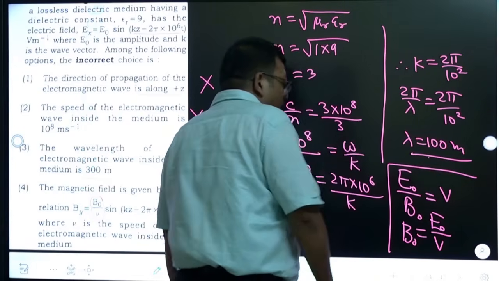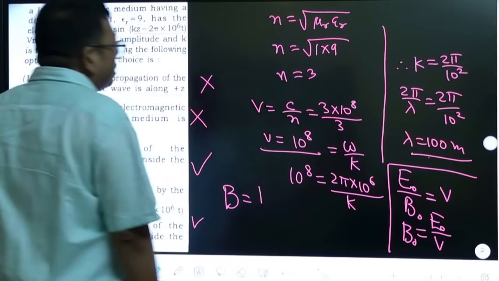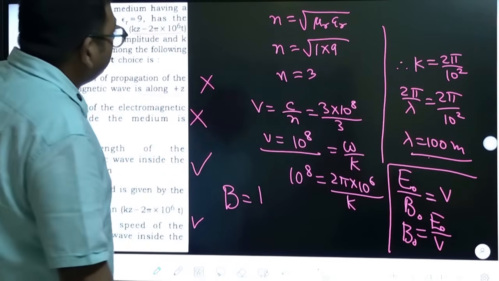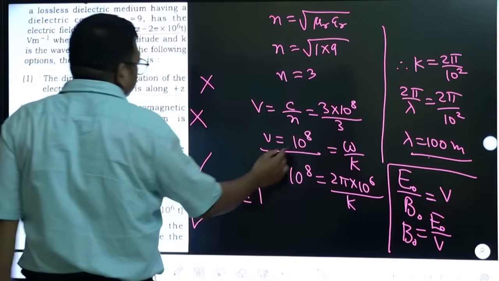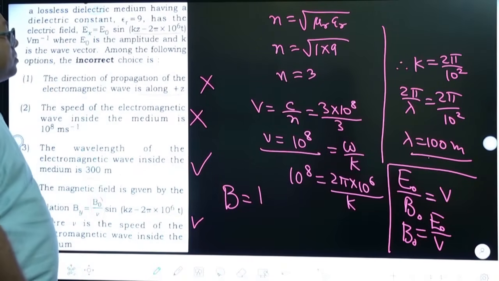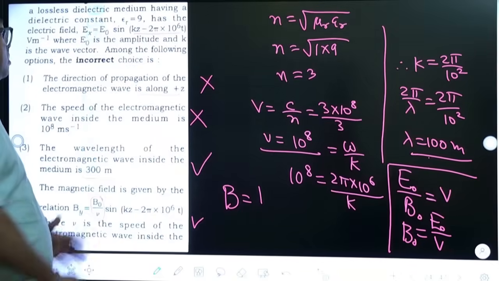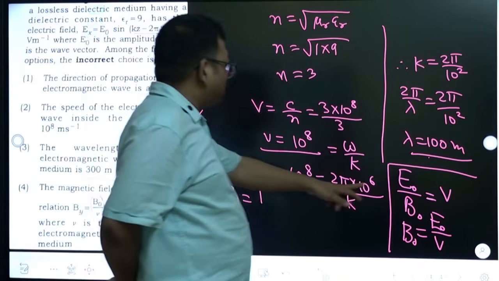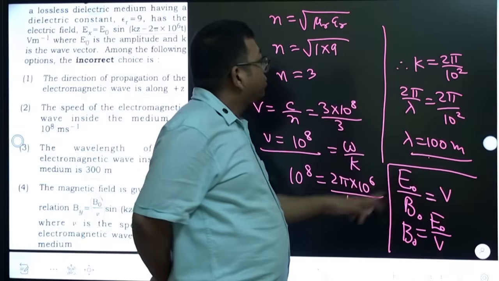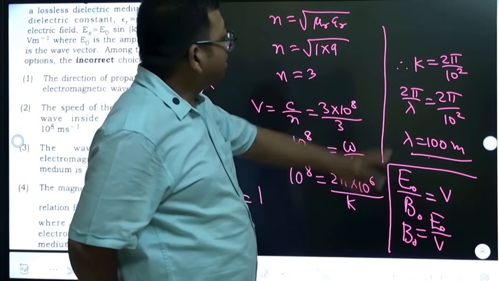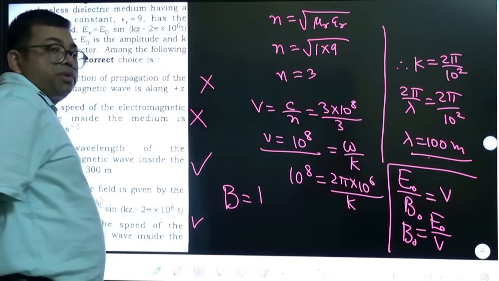From here wavelength we have calculated. So 100 meter, there is no mistake in this calculation, because this is coming as correct. k is 2 pi by 100, k is 2 pi by lambda, lambda is 100. So two options are coming.